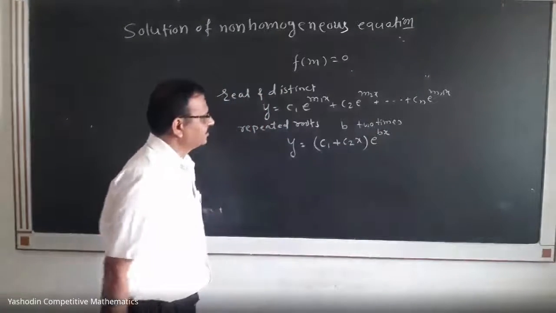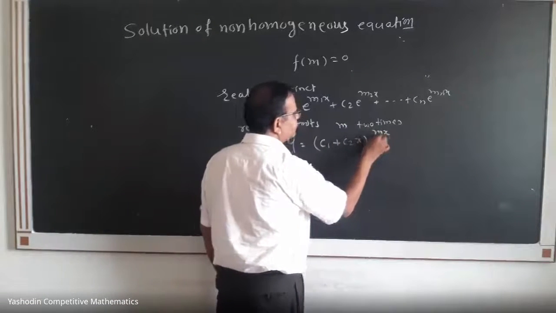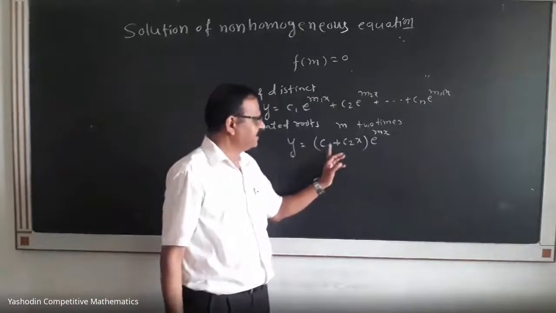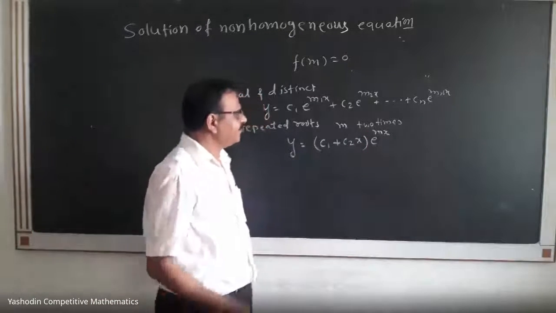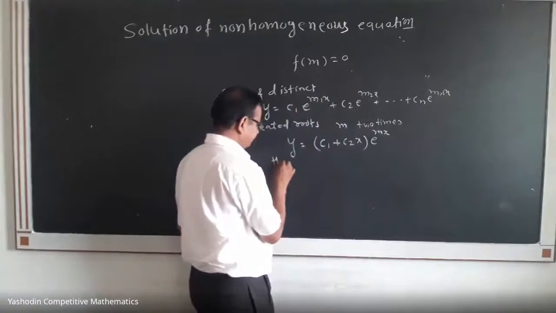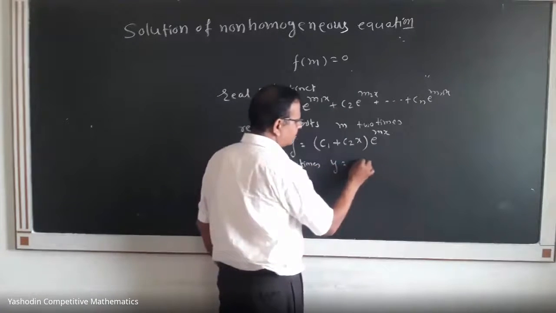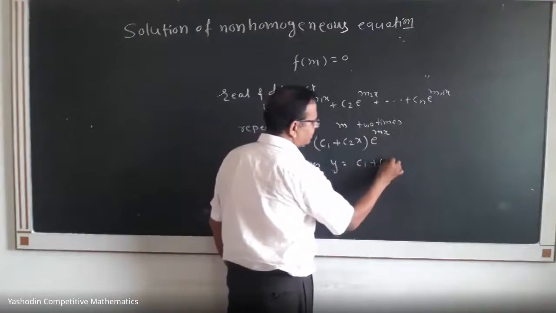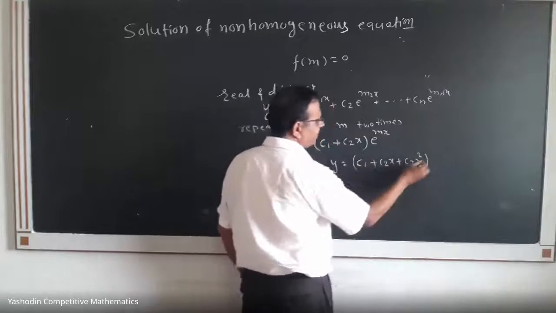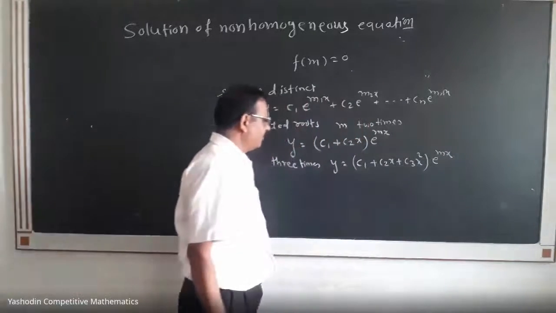If the root is m, then m repeated 2 times means y equal to c1 plus c2x, e raised to mx. If this root m is repeated 3 times, then y equal to c1 plus c2x plus c3x square, e raised to mx is the solution of that differential equation.